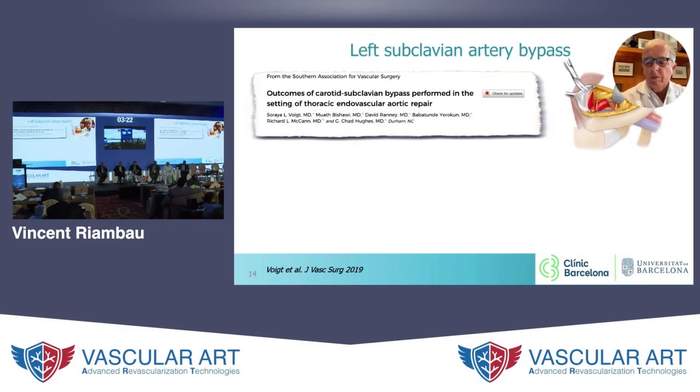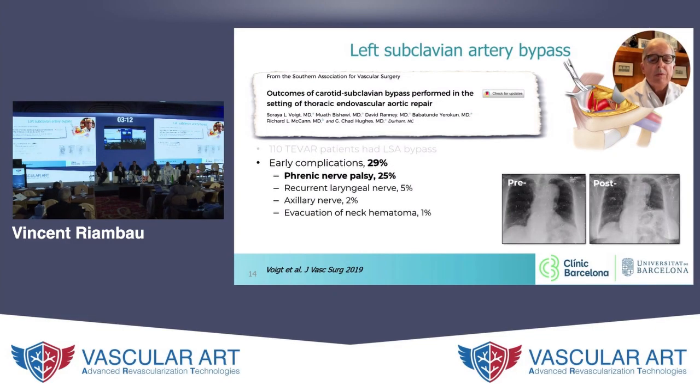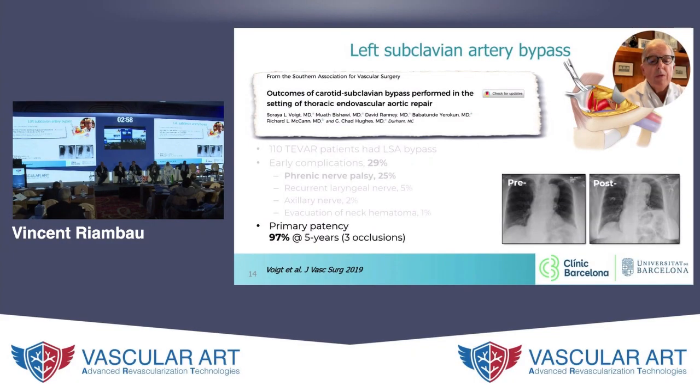The most common classical one is the left subclavian artery bypass from the carotid artery, but there are some series that demonstrate some complications: about 29% of the cases with early complications, mostly related to phrenic nerve palsy, and also recurrent laryngeal nerve or axillary nerve injury, or evacuation of nerve hematoma, or even lymphorrhea or lymphorrhagia.